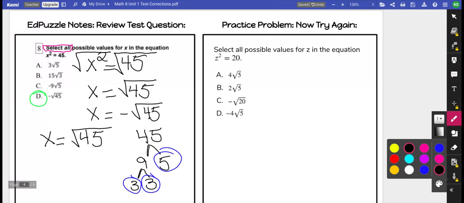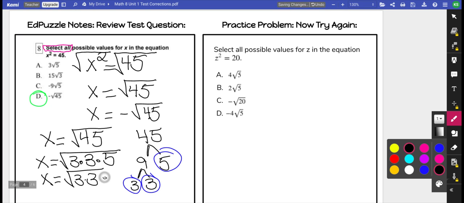So I'm going to write it as x equals the square root of 3 times 3 times 5. And I'm going to separate it again as the square root of 3 times 3 because I have matching factors times the square root of 5. We know 3 times 3 is 9, and we know the square root of 9 is 3.